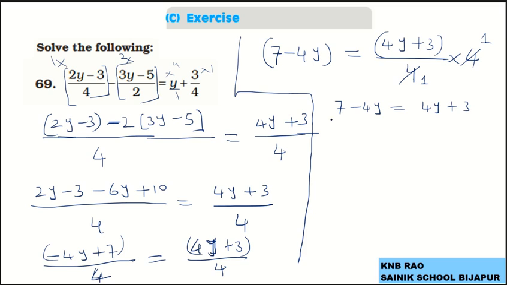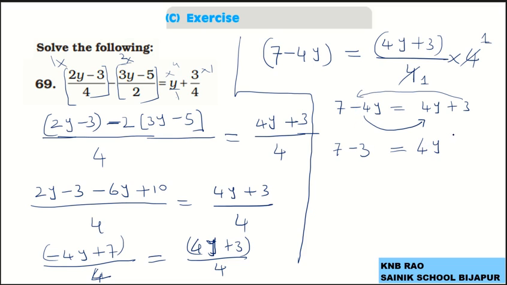Now it is easy to simplify. Minus 4y, the variable terms I am taking to one side, that is to the right hand side I will take minus 4y. These numericals are constants, I will take them to one side, that is all the constants in the left hand side. So 7 minus 3, because here plus 3 when transposed becomes minus 3, equals 4y.